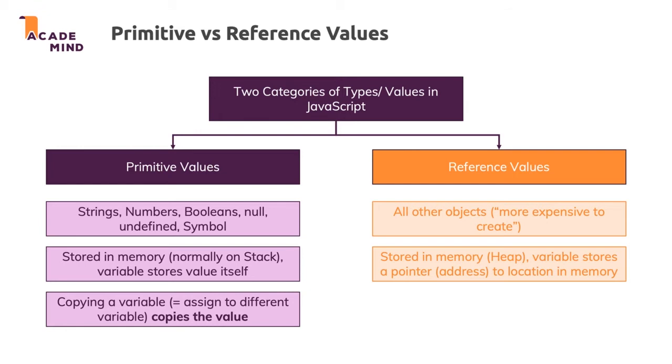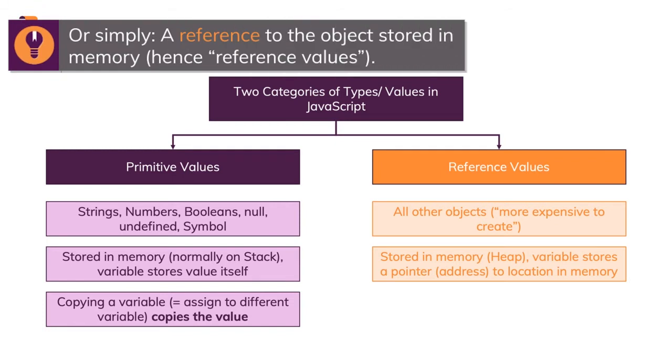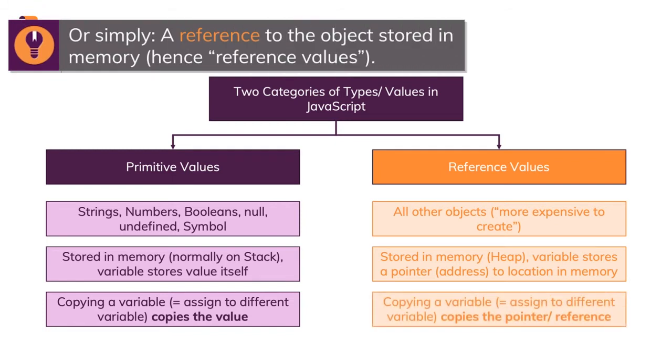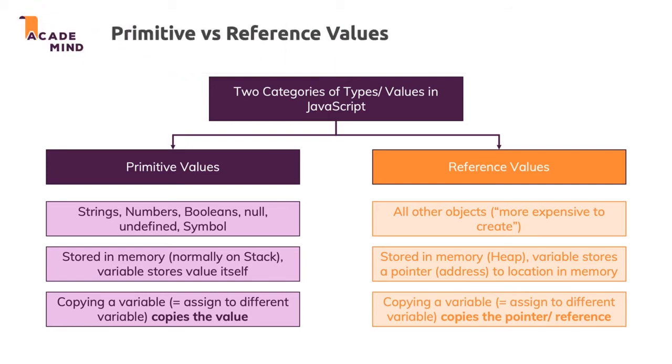For reference values, that's not the case, and instead the value is stored somewhere in memory, somewhere in the heap, and the variable stores the address of that place in memory, so a pointer at this place in memory, you could say. Therefore, if you copy a variable which holds a reference value, so if you assign it to a different variable, you only copy the pointer, the reference, and not the value itself. Now, what's the implication of that?